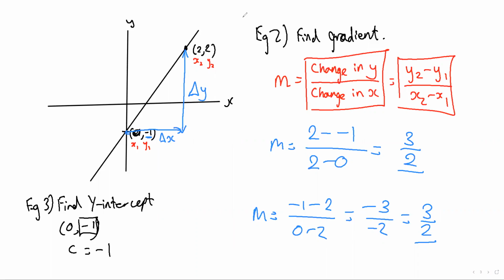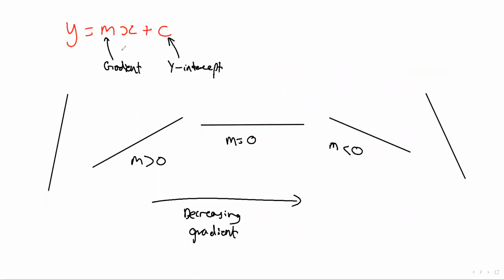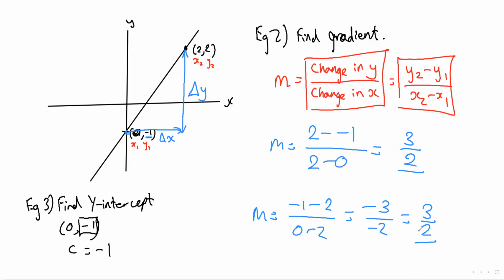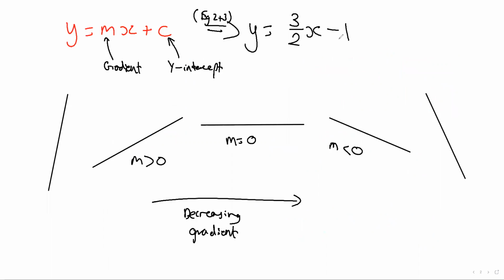So now, if we go back to our equation, we can see that example 2 plus 3 gives us y equals 3 over 2x minus 1, because our gradient is 3 over 2, you can see, and the y-intercept is minus 1.